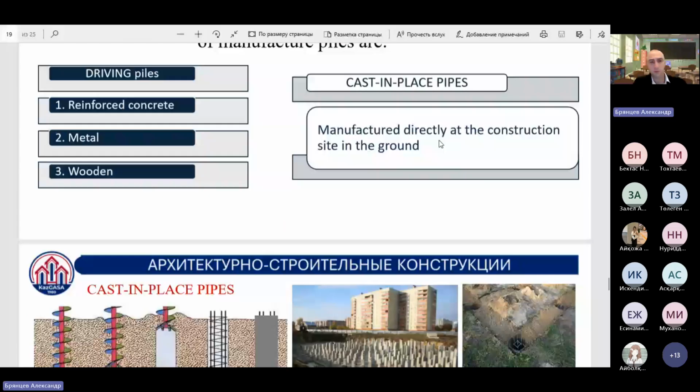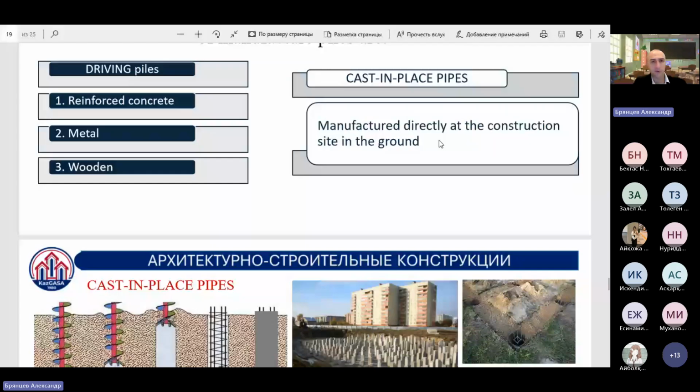The next slide shows us information about two main types of piles. These are driven piles and cast in place piles. So driven piles are prefabricated elements, consisting of reinforced concrete, steel or timber, which are installed with hammers, для примера, при помощи молотка, or by vibration equipment.